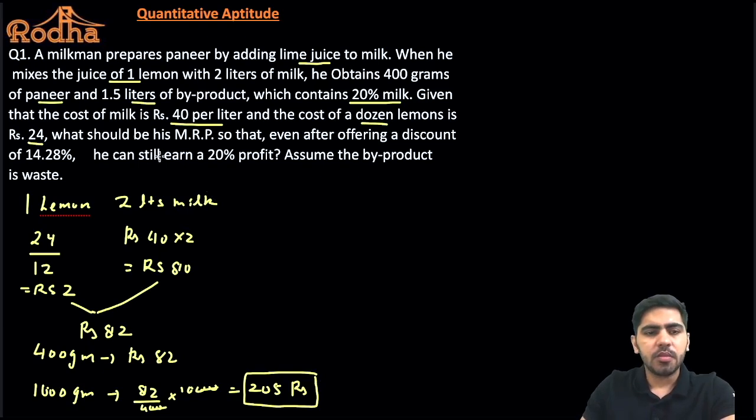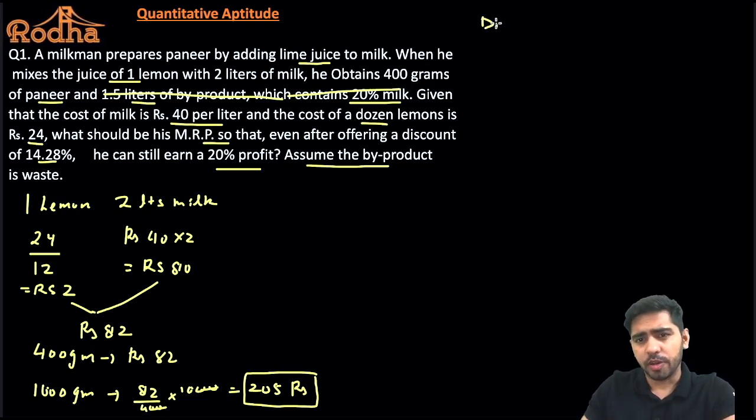Now, what should be the MRP so that even after offering a discount of 14.28%, he can still earn a profit of 20%? Assume the byproduct is a waste, so I don't need this part. Now he wants to offer a discount of 14.28%, which in terms of fraction is 1 by 7.